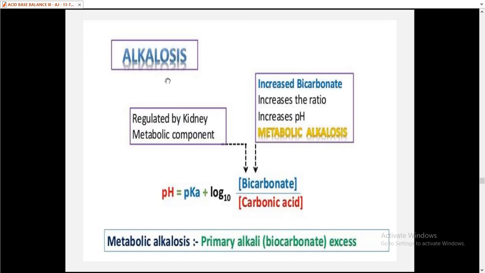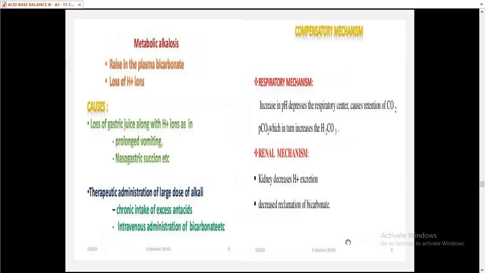In alkalosis, there is an increase in pH, so the bicarb level also rises, and thus the ratio also increases, and this leads to metabolic alkalosis. Kidneys regulate this metabolic component, and in metabolic alkalosis, the primary defect is alkali excess or bicarbonate excess.